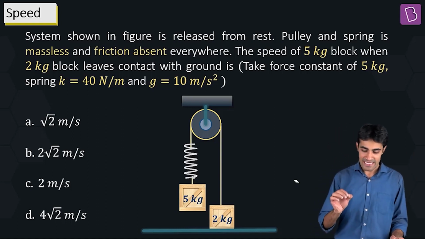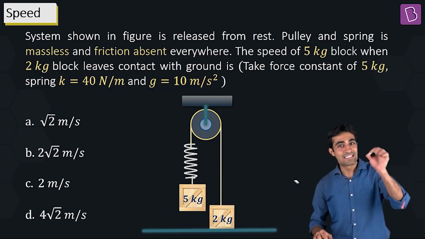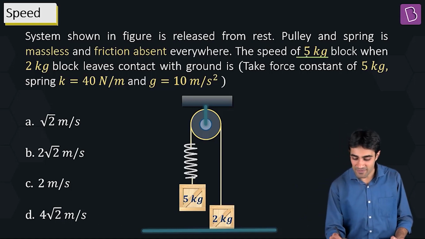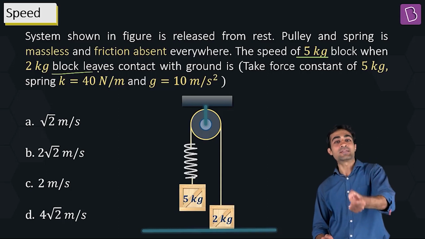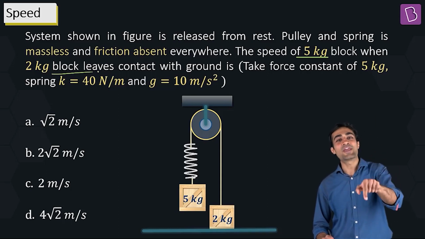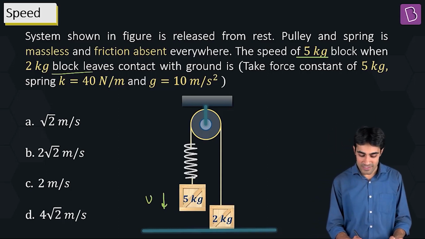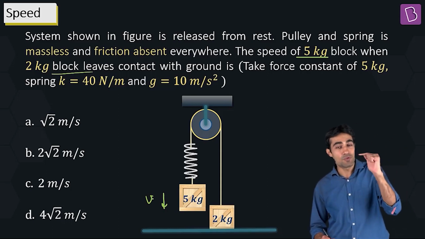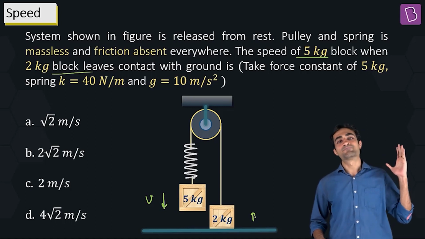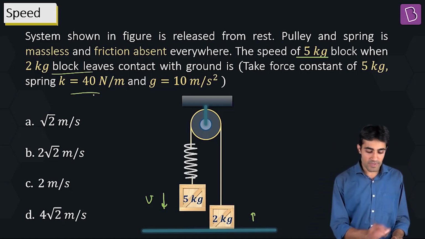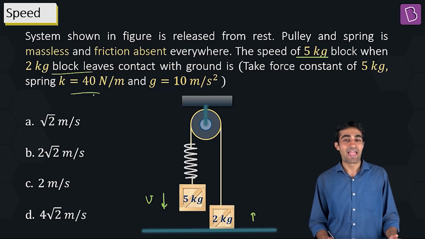We have to find the speed of this 5 kg block when the 2 kg block leaves contact with the ground. So we have to tell what is the speed of the 5 kg block when the other block, which is of 2 kg, just lifts up from the ground. And the value of k is given to be 40.